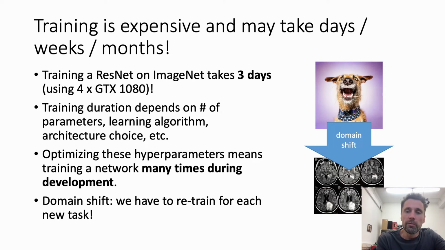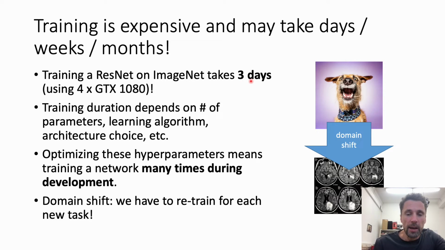To give you a ballpark measure, if you want to train a ResNet, just like the one that we discussed, on ImageNet, and you have 4 GPUs, like those GTX 1080, it'll take 3 days. So it's not something where you push a button and then go have a coffee and everything is done. No, it really takes time and energy, right?